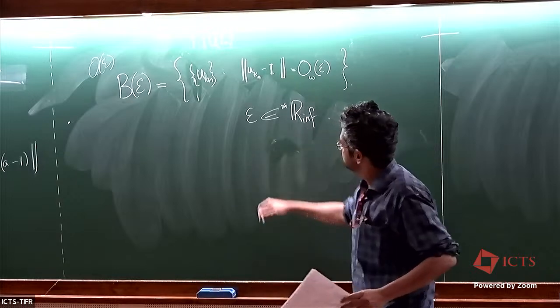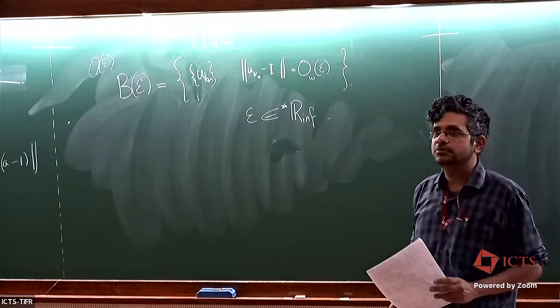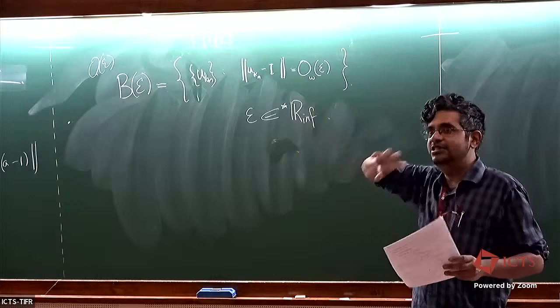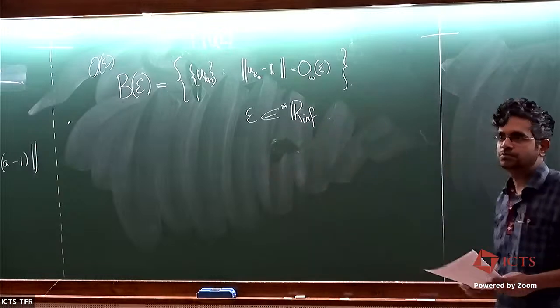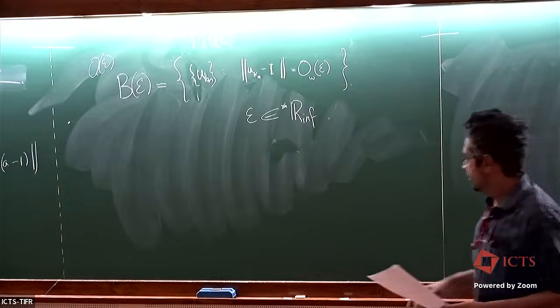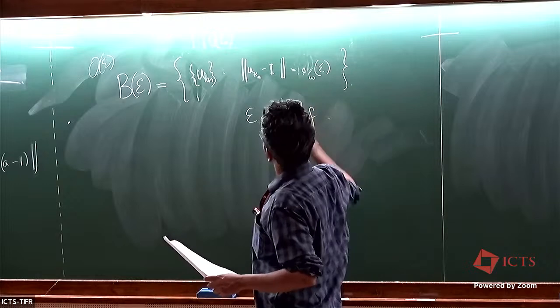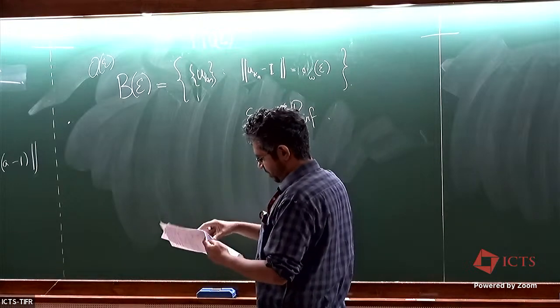Yeah, epsilon is like the sequence which is now an infinitesimal. Small o of epsilon is the same thing, but small o. So what is big O and small o?